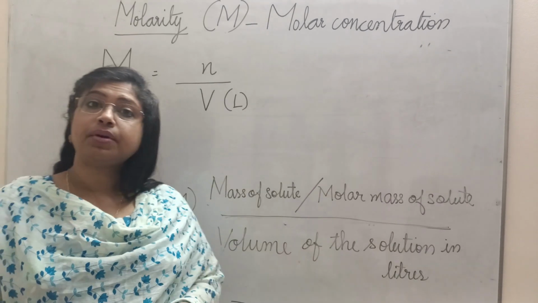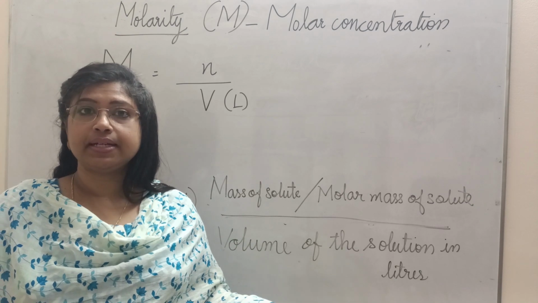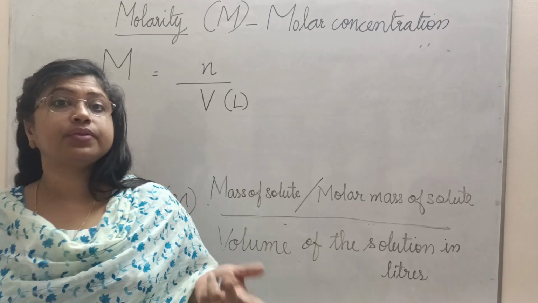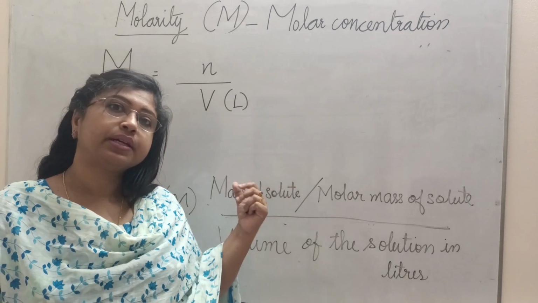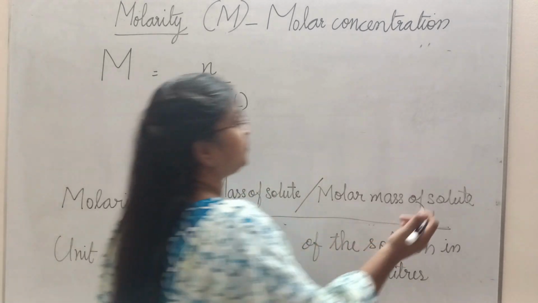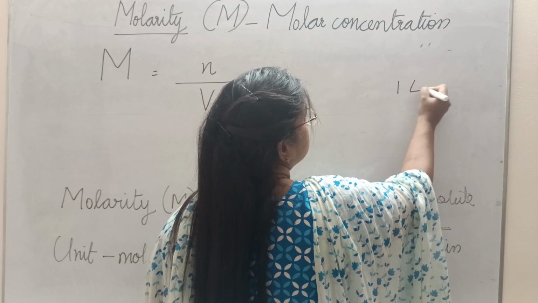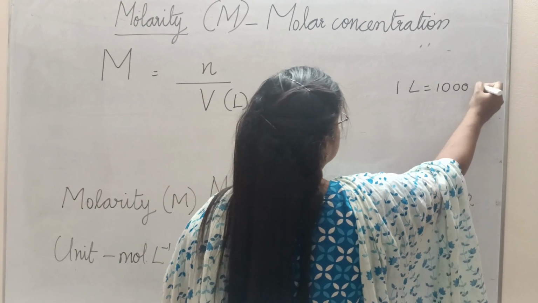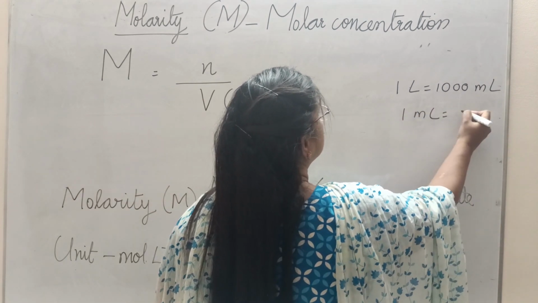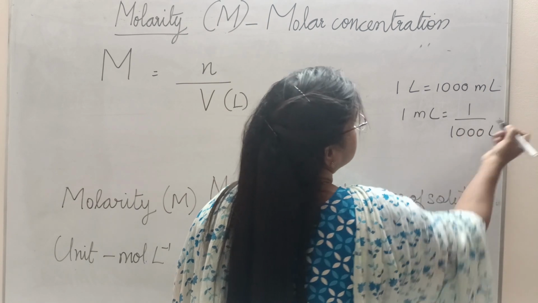Suppose the volume of the solution is given in milliliters. You didn't take 1 liter, you took 200 ml or 100 ml or 50 ml. In that case, how will you find the molarity? So we know the conversion factor, that is 1 liter is equal to 1000 milliliter. If so, 1 ml is equal to 1 by 1000 liter.